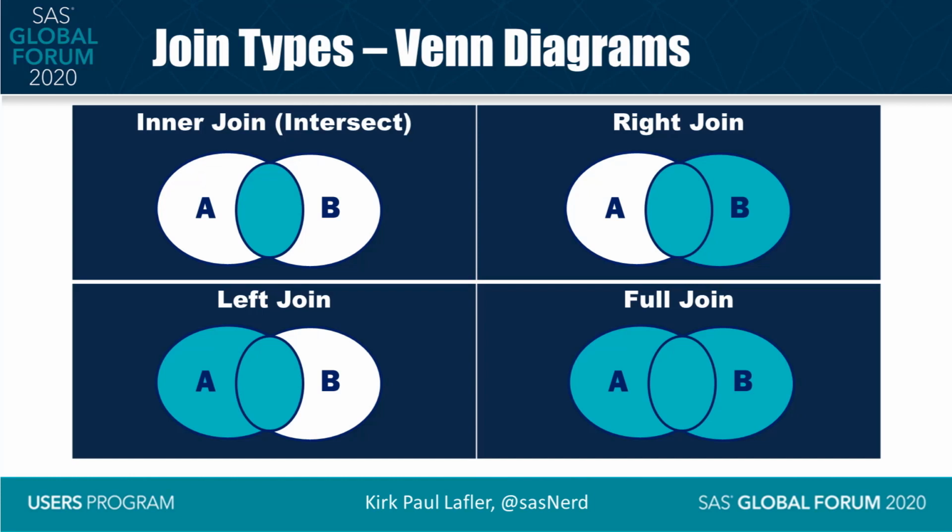But typically, if we're looking at Table A and Table B, the intersect, the common elements between both tables, plus the preservation of all the unmatched rows from the left table, Table A, plus all the unmatched rows from the right table, Table B, are preserved and provided in the result set.